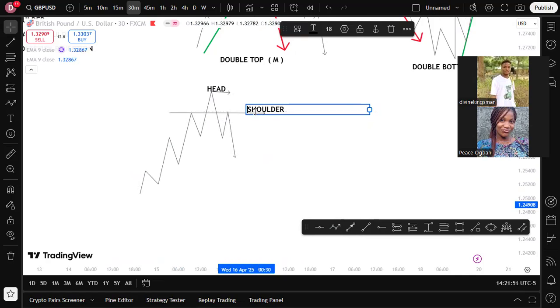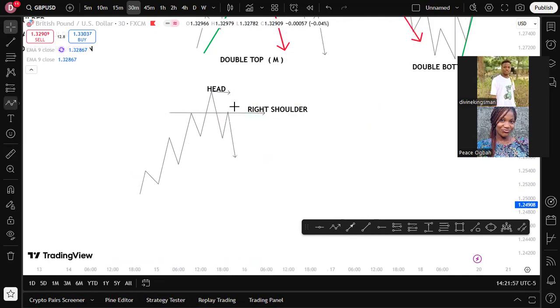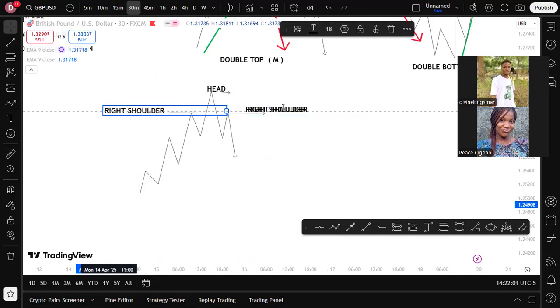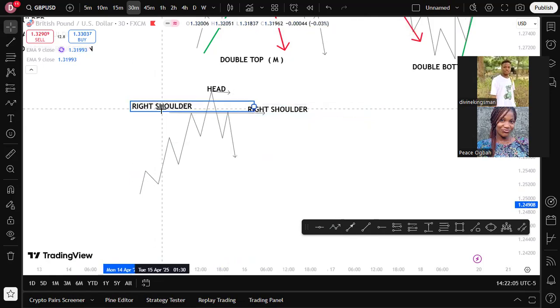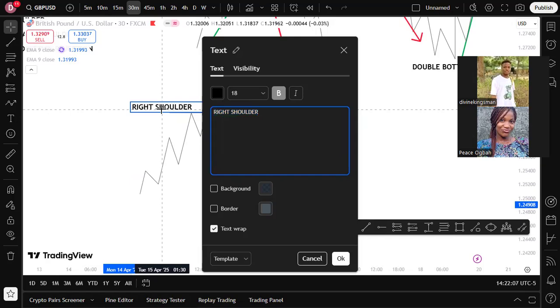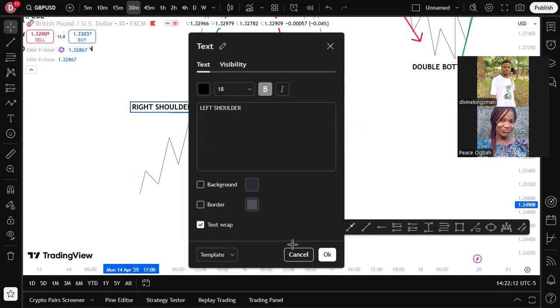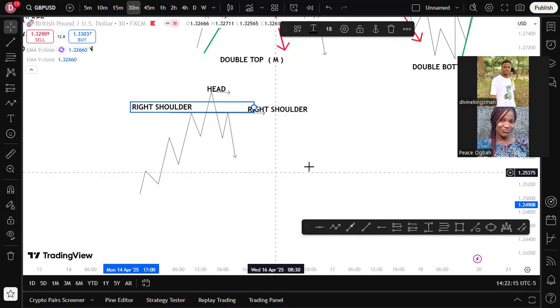Okay, let me do that. So here will be the right shoulder, and right here will be the left shoulder. So this is our left shoulder.